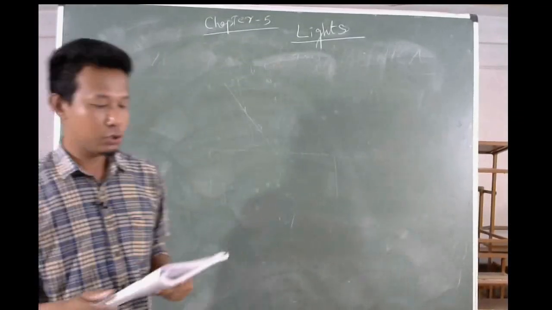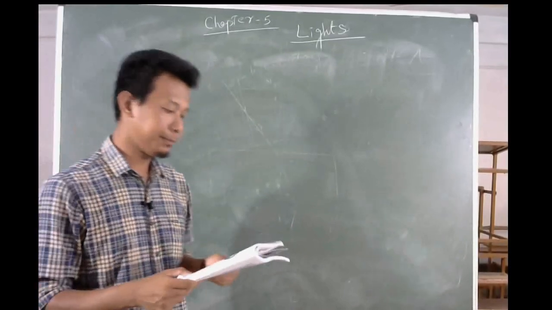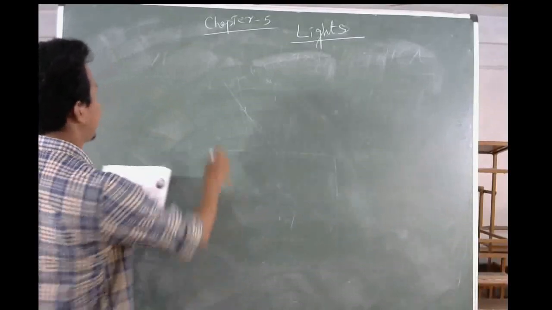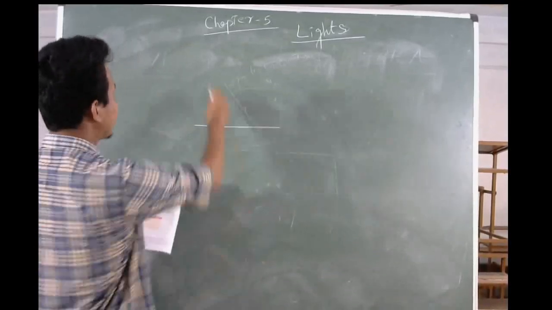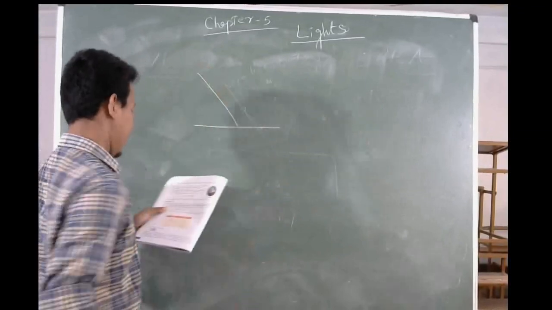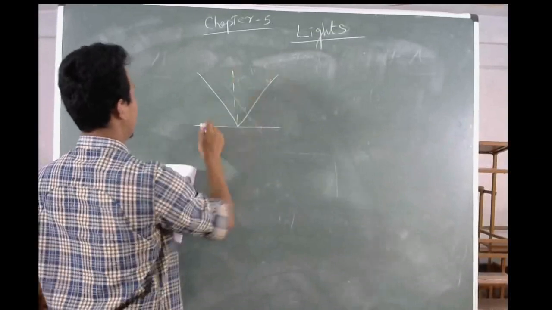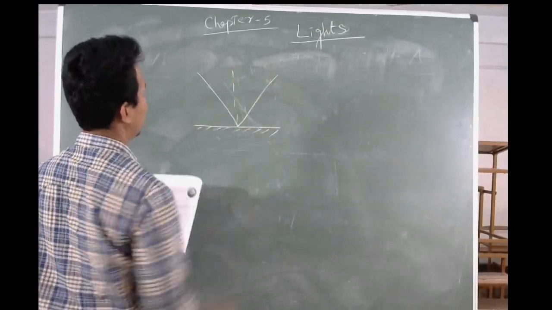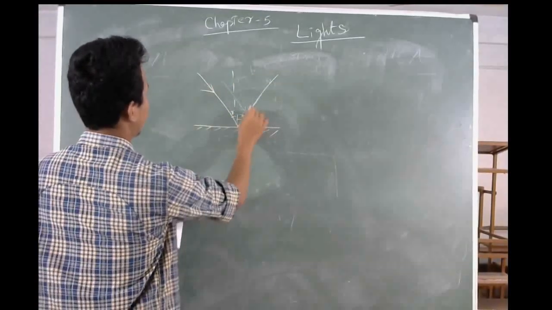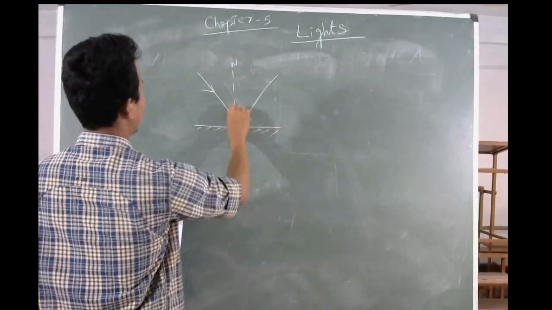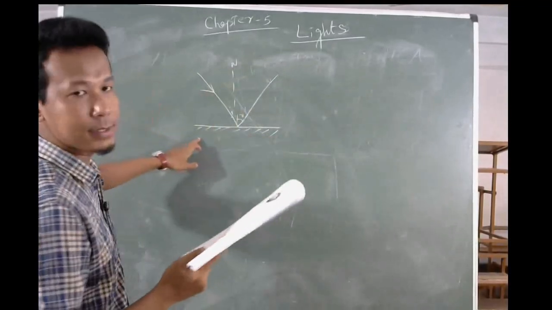So there are basically two laws in refraction. The first law says the incident ray, the normal, and the reflected ray will all lie in the same plane.